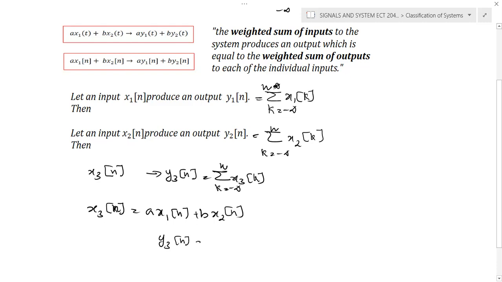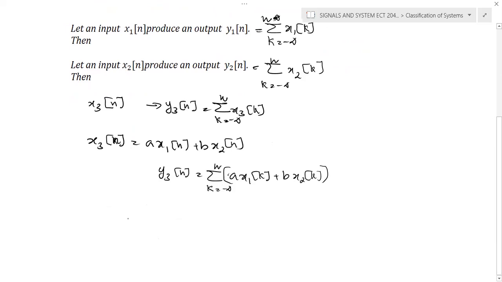You can write y3 of n is equal to sigma k is equal to minus infinity to n, and in place of x3 of k you can substitute this equation. So you can write a x1 of k plus b x2 of k. The summation is common, and the variable is k. You can split the summation: a, which is a constant, sigma k is equal to minus infinity to n x1 of k, plus b, which is a constant, sigma k is equal to minus infinity to n x2 of k.